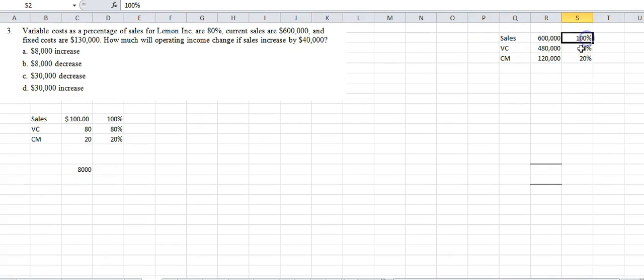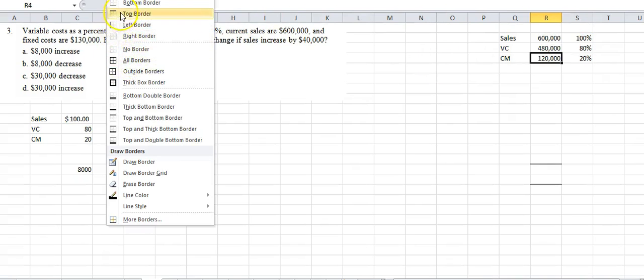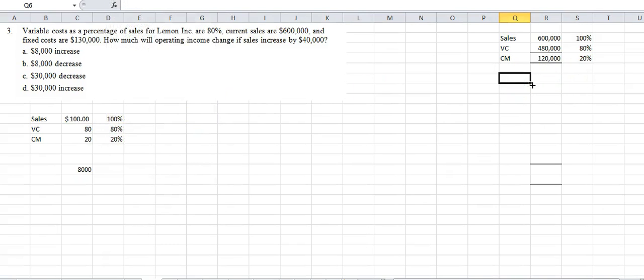This is a percent of sales and this is a percent of sales, so they both have to combine to 100% because sales is 100%. So that's my contribution margin, and that contributes towards fixed costs, right? It says fixed costs are 130,000.